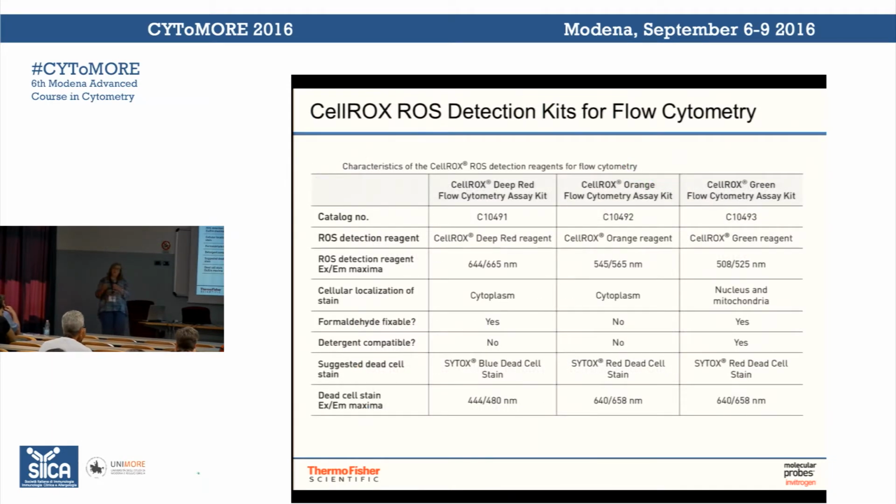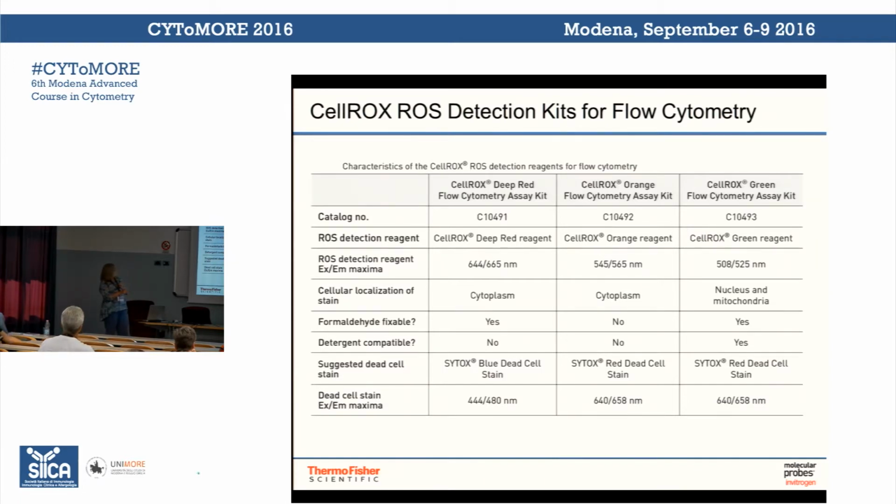There are 3 different kits or 3 different colors of the CellRox reagent. But they are not the same molecule with just little tweaks for fluorescence change. They are actually different molecules and have different types of reactivity. So here the CellRox Green is basically a DNA binding dye.